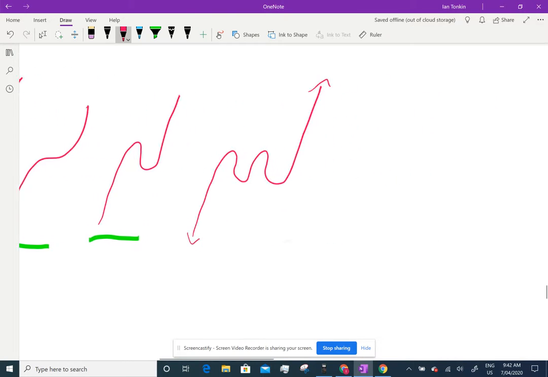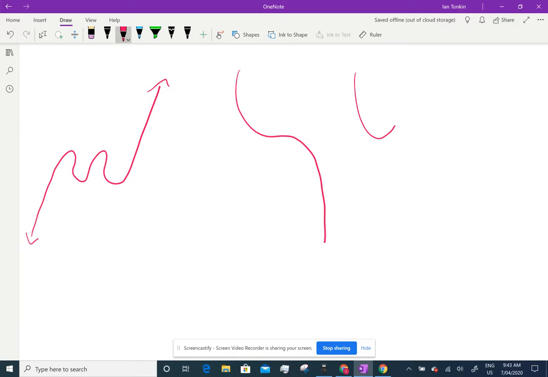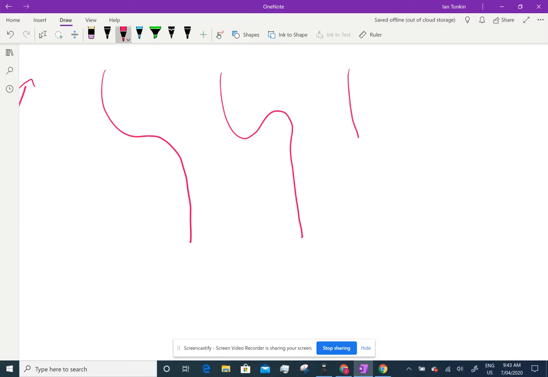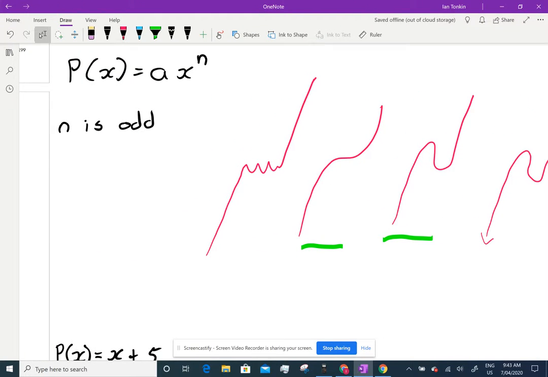If there's a negative a there, a negative cubic, well, we know a negative cubic can look like that. And if we increase the power, we can get more things happening. But in essence, it's going to start up to the left and end up going down to the right.